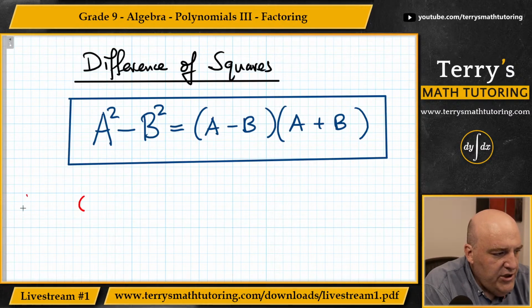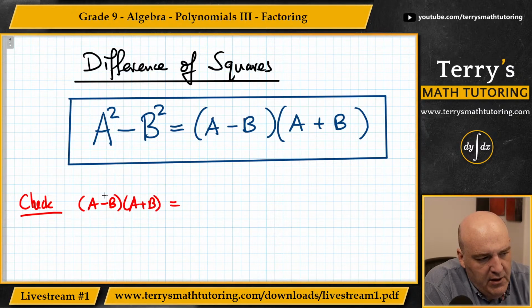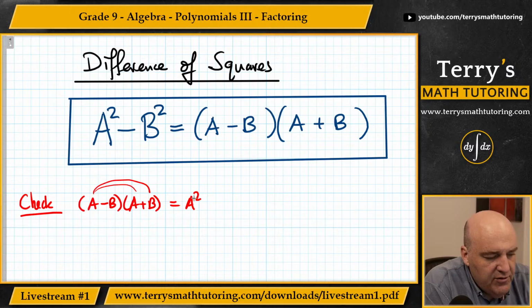Let's do a little check here. If I do a minus b times a plus b, let's see what happens. A times a is a squared. A times plus b is plus ab. Okay, so I took care of my a. Now let's multiply the b across.